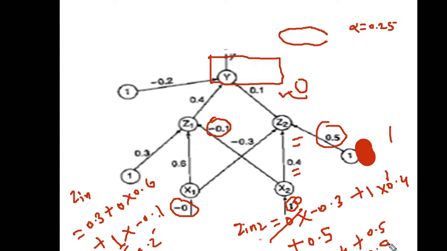This will be the total net input at Z2, and this 0.2 is the total net input at Z1.